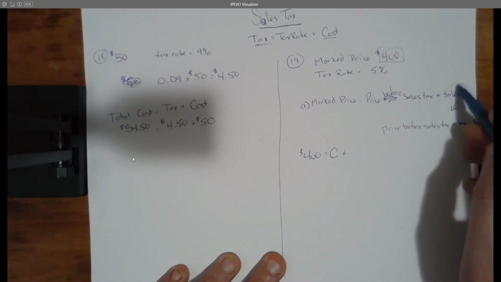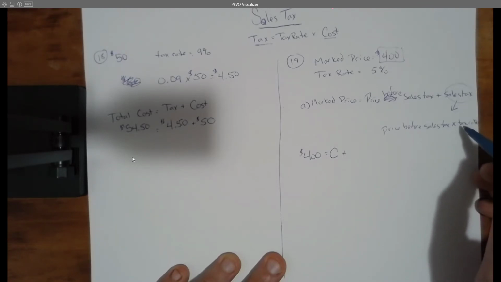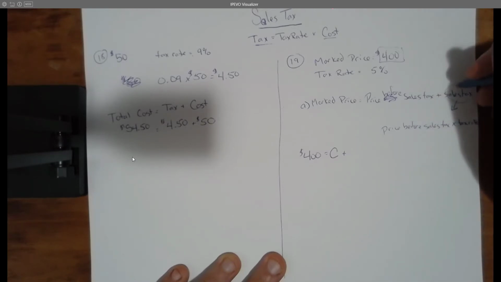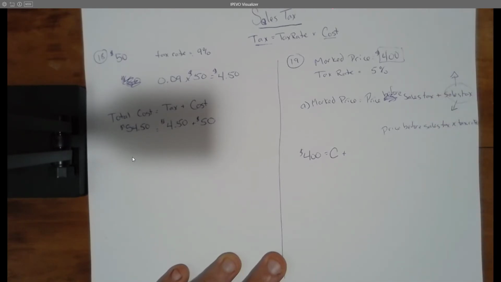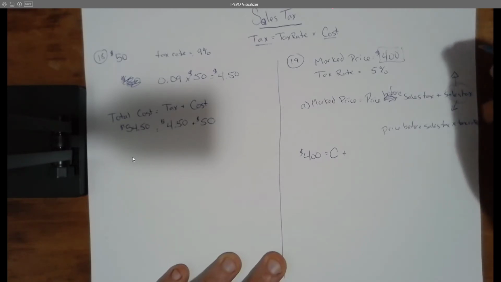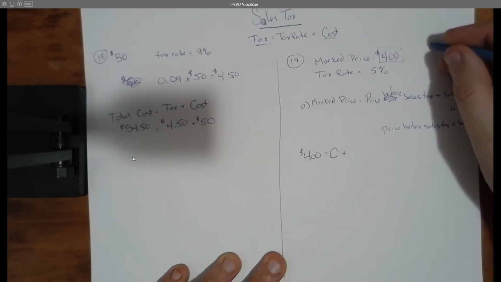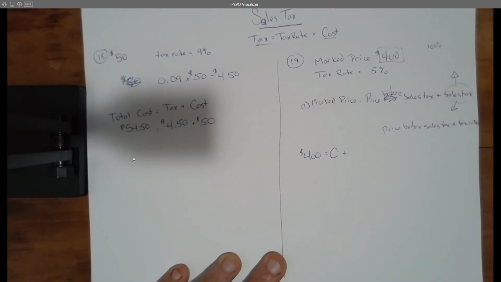For the sales tax, this is where we are rearranging our formula a little bit. So if you remember, with our tax rate, our way of figuring that out is that we took our percentage, like 100%, and we subtracted whatever our discount rate was.